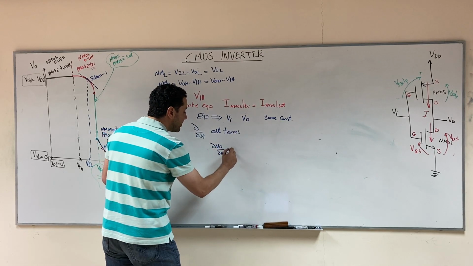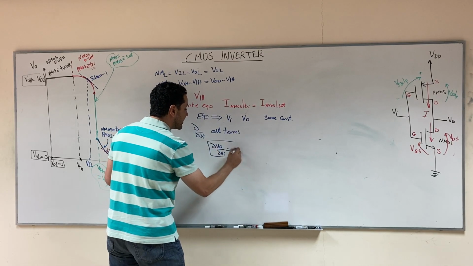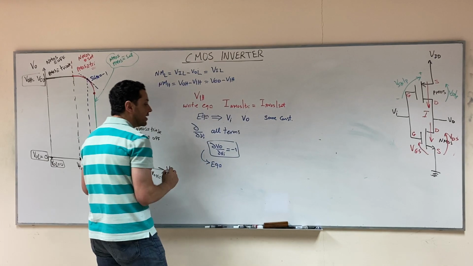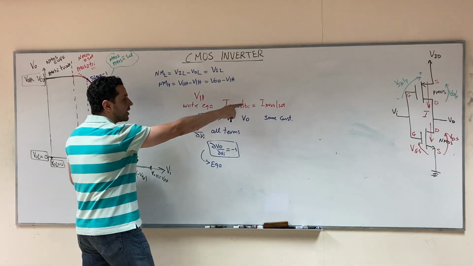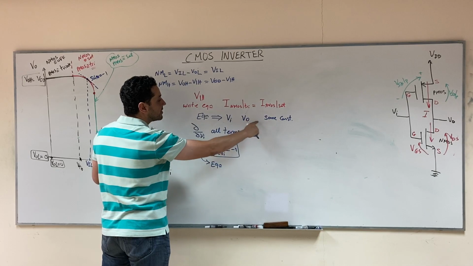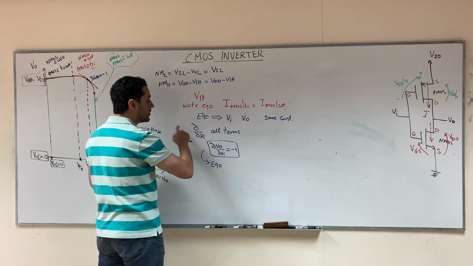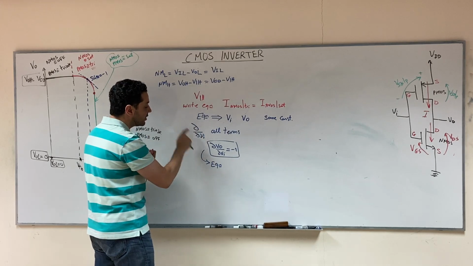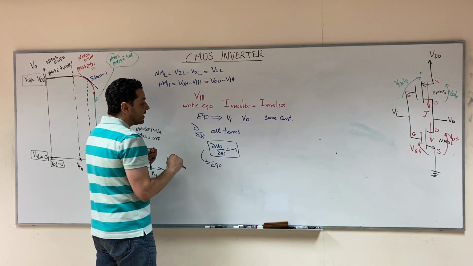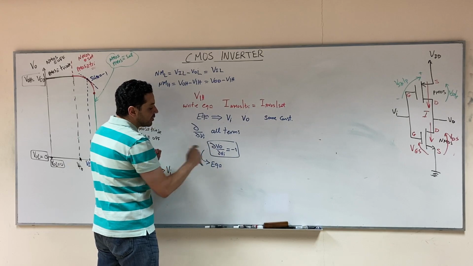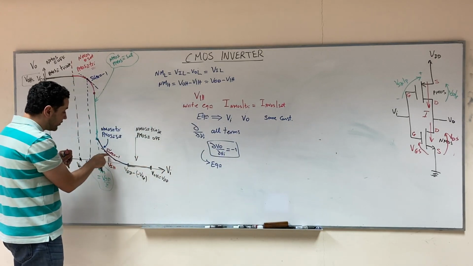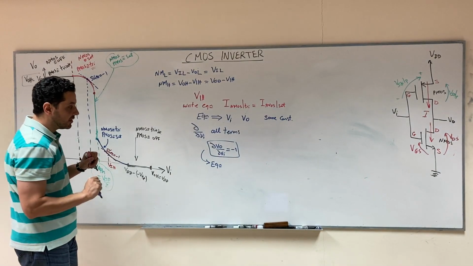You replace dV output by dV input with -1, so you will get another equation in terms of V input, V output, and some constants. Whenever you see dV output by dV input, replace it with -1, because we are looking for the point at which the slope is -1.